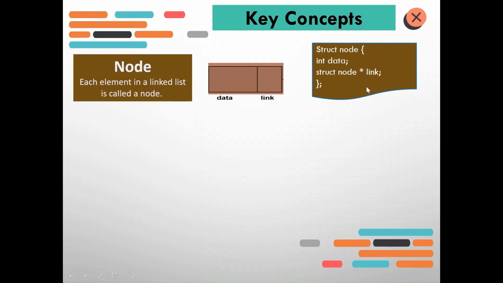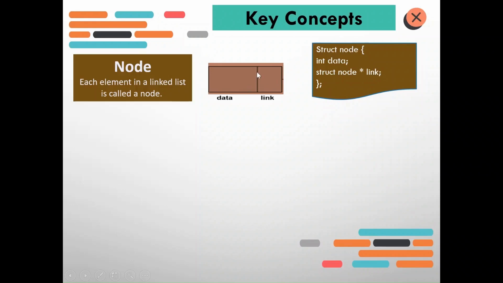And a pointer, as you know, is a variable which stores the address of other variables, and you assign a data type to the pointer according to the variable whose address it is storing. So in this case, a struct node type pointer means that this part would be storing the address of another struct node variable, just like the one defined here, right?